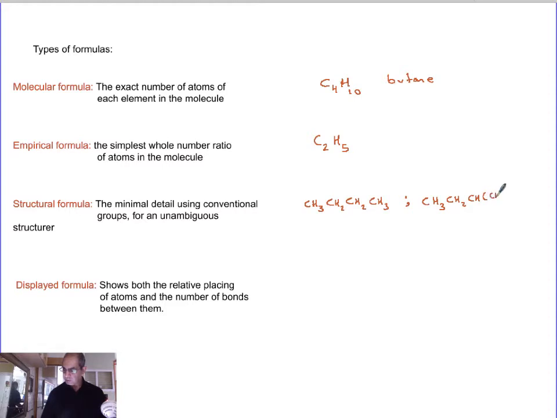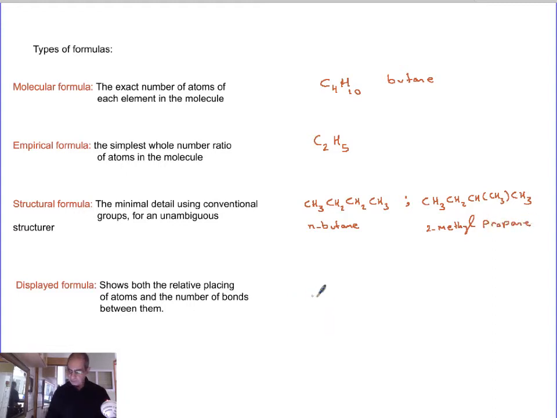Now CH3 I put in parentheses, attached to CH, and I end it with CH3. So these are two possible structural formulas for butane. This is normal butane. And if you look at the slide before that I did a few seconds ago, this is 2-methyl, like the 2-methylbutane I did, and this time it's propane.